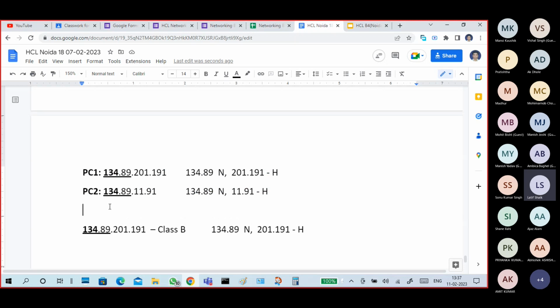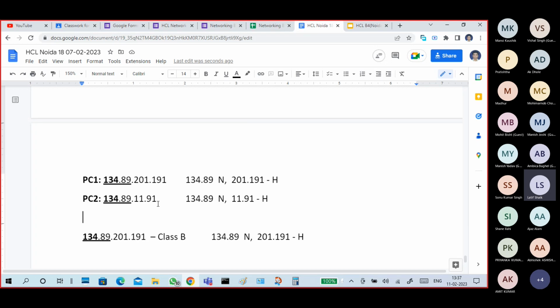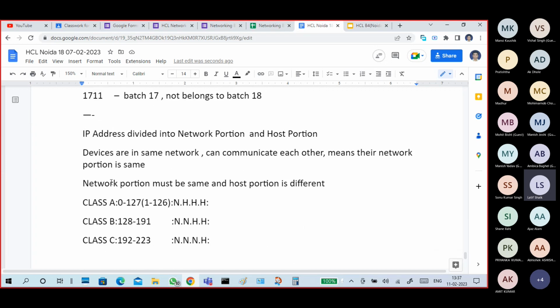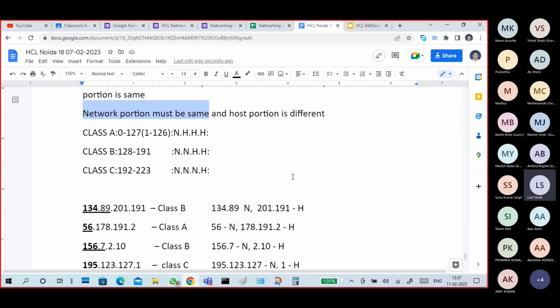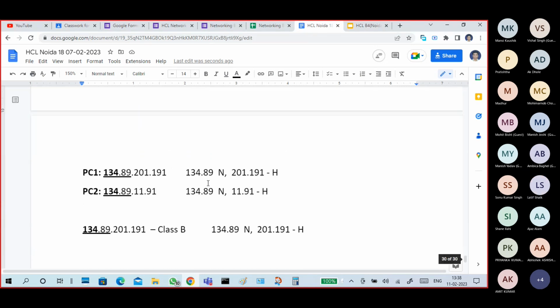Two computers are there. As given in the statement, the network portion must be the same, and the host portion can be different. Okay, the host portion can be different. Then they will communicate with each other.